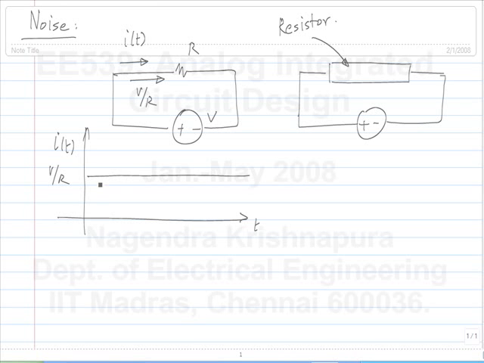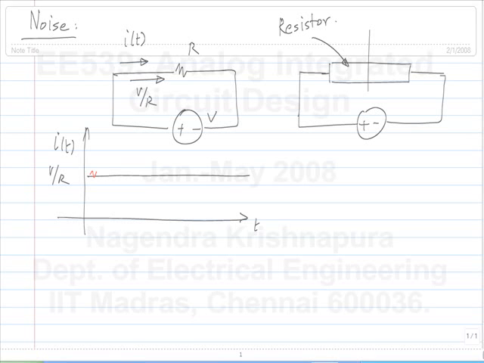Okay, that's not changing with signal. But if we did measure the current I of t, you measure the current I through any cross section of the resistor, it turns out that the average value is V by R, but instantaneous values can be both above and below this value.